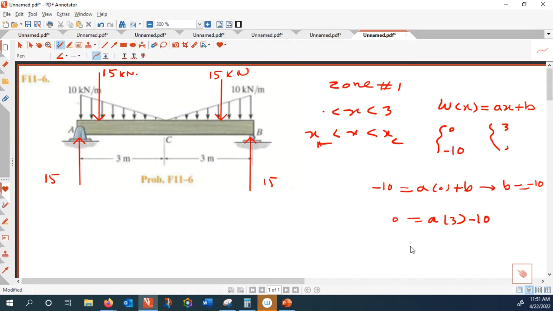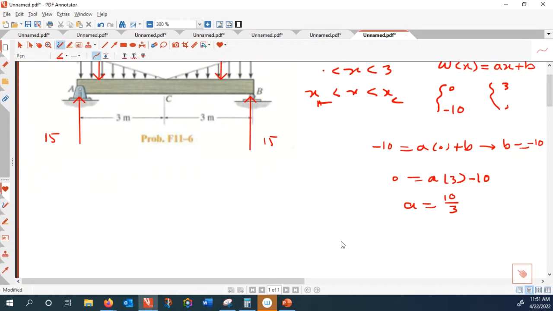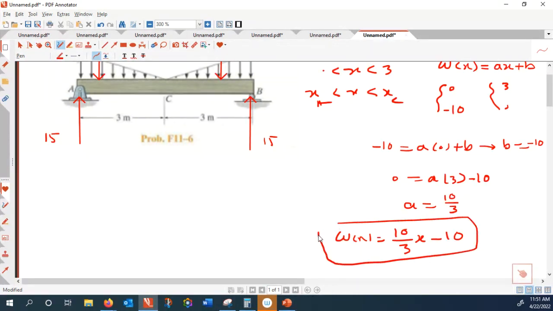So therefore, A is what? A is 10 over 3. Correct? Now we can write down W of x is 10 over 3 x minus 10. So this is something you have to practice. That is a key point because this is a starting point. We can't get the starting point wrong.